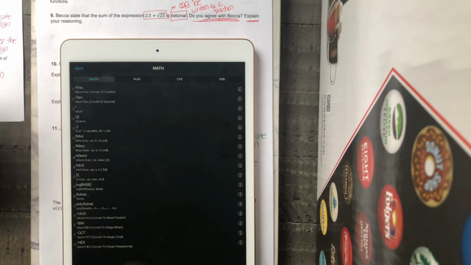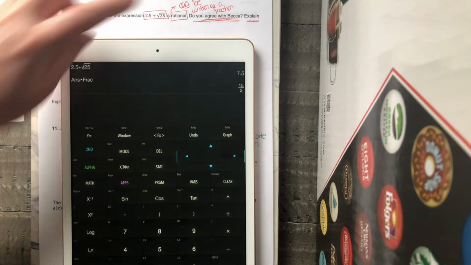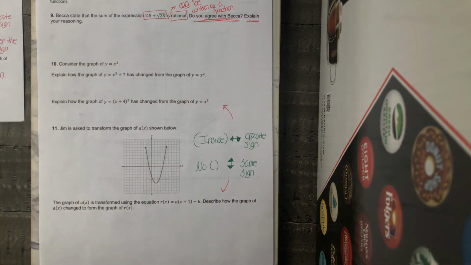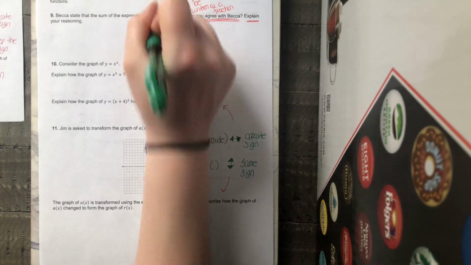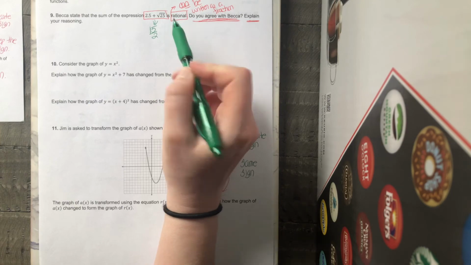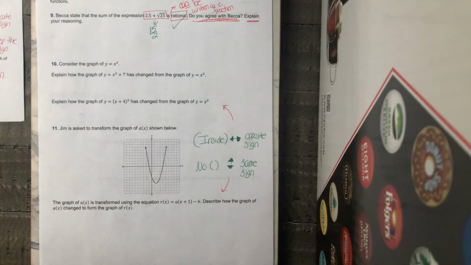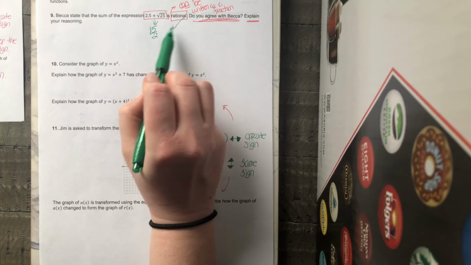Math, fraction, enter. And it absolutely can. So this value comes out to be 15 over 2, which is a fraction. So this is a rational answer. Becca said it is rational, and it was.